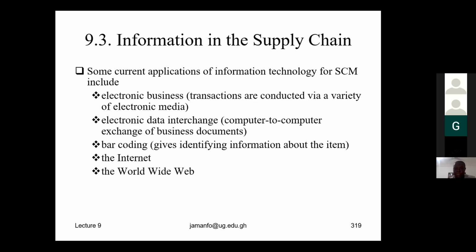I'll end on 20. So some current applications of information technology for supply chain management include electronic commerce, where transactions are conducted via a variety of electronic media. And these days we see a lot of electronic commerce. In Ghana here, the popular one is Jumia, isn't it?